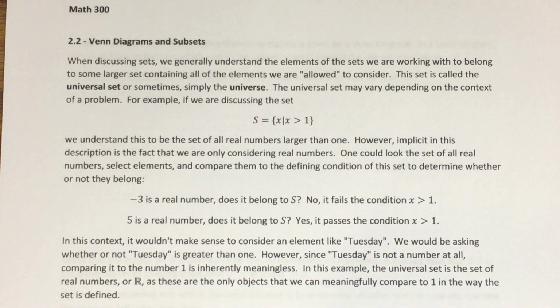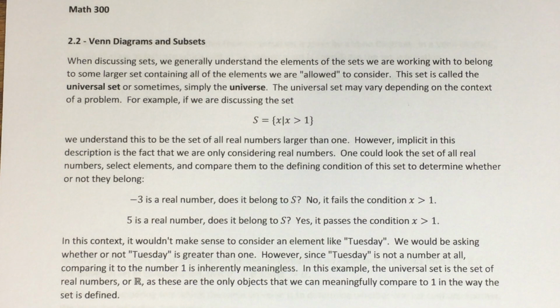So now consider something that's not as reasonable to be comparing to 1. For example, Tuesday, the word Tuesday. You wouldn't look at this set and ask yourself, I wonder if Tuesday belongs to this set, because that's plainly ridiculous. It doesn't make any sense to ask whether Tuesday is greater than 1 or less than 1.